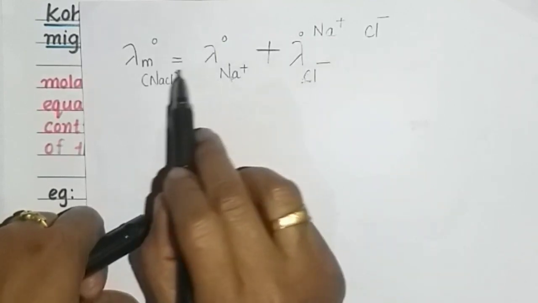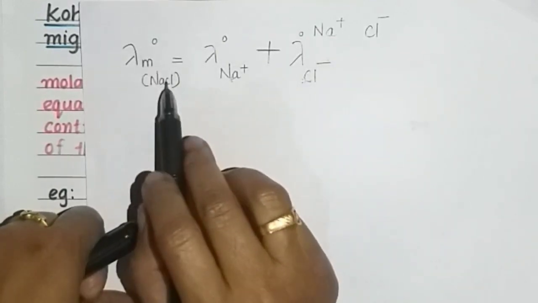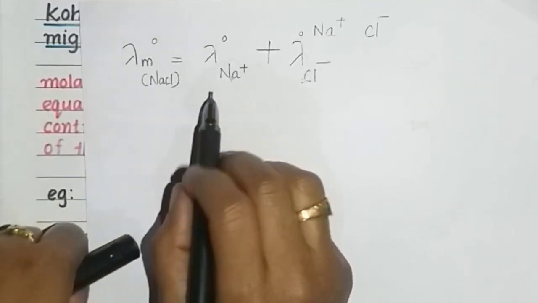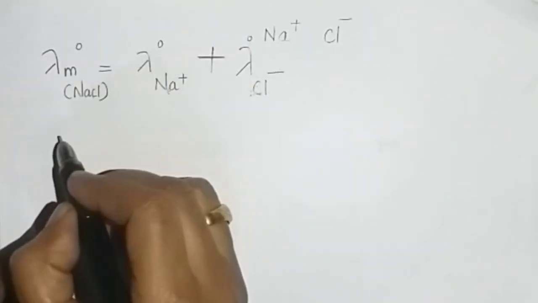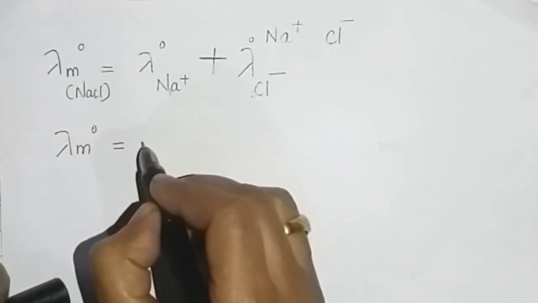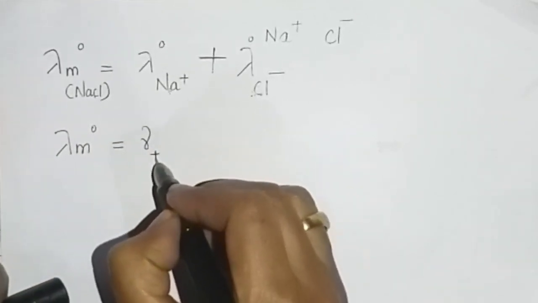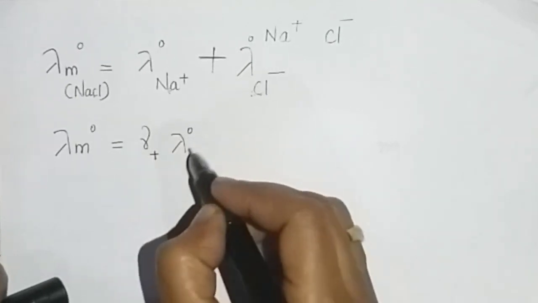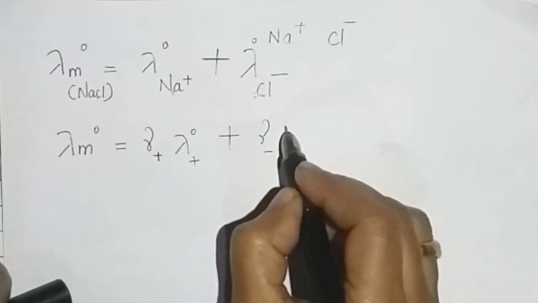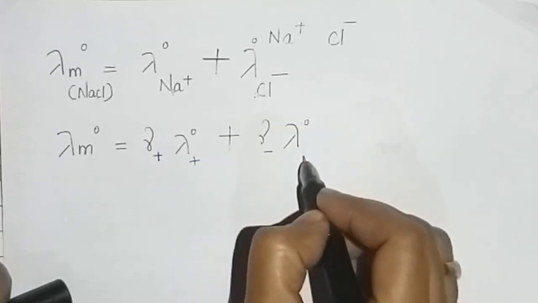The sum is the total limiting molar conductivity of the electrolyte. Clear? Generally it is written as lambda m 0 of any electrolyte is equal to nu positive lambda 0 positive plus nu negative lambda 0 negative.